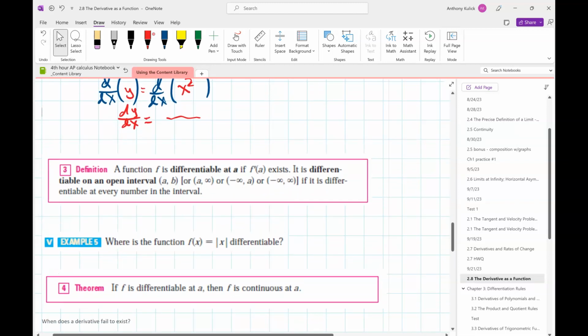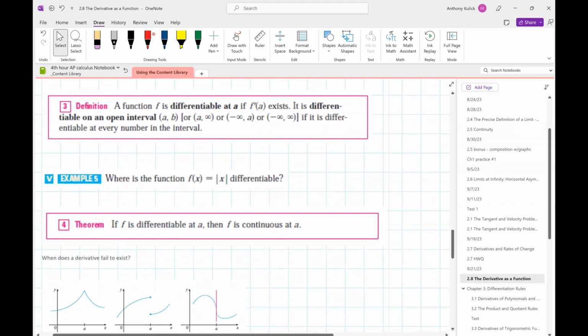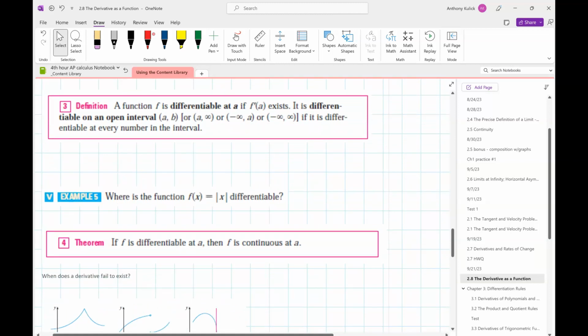All right. Definition. We say a function f is differentiable at a if f prime of a exists.